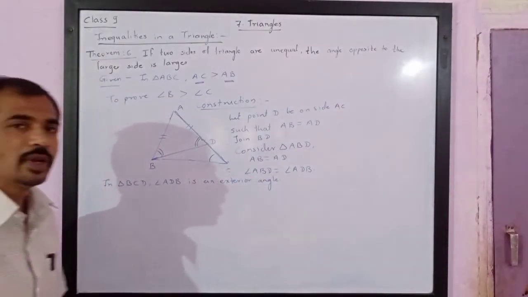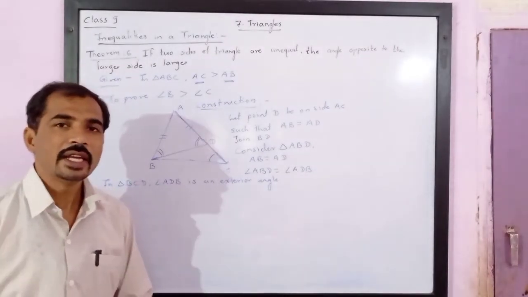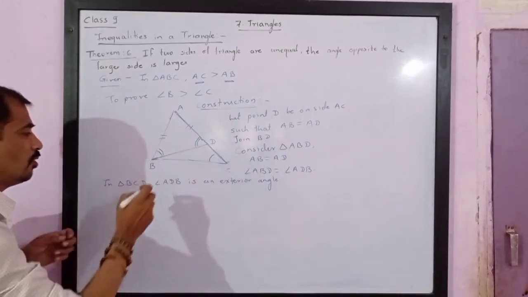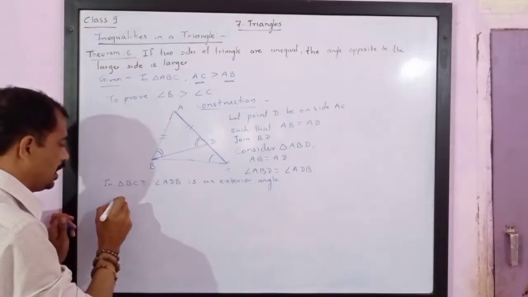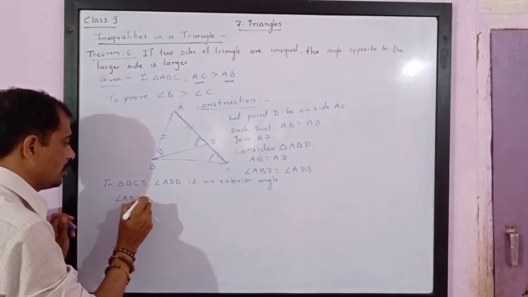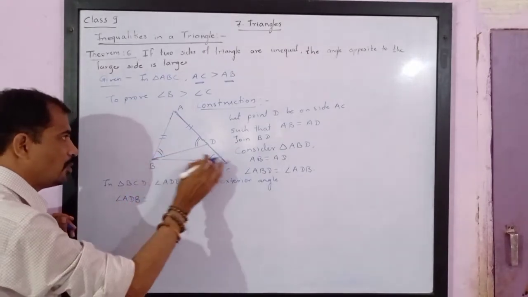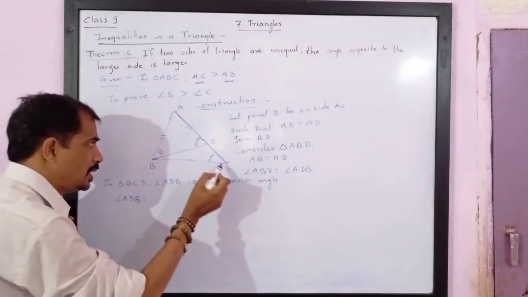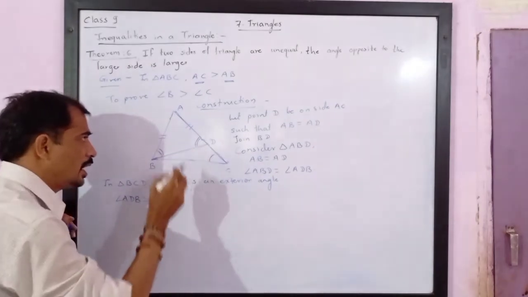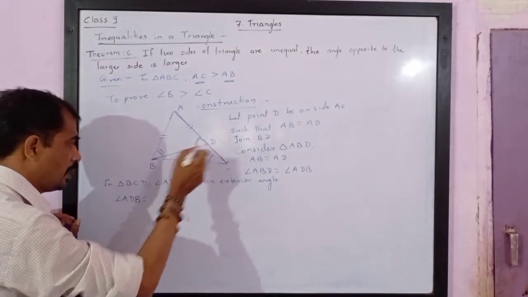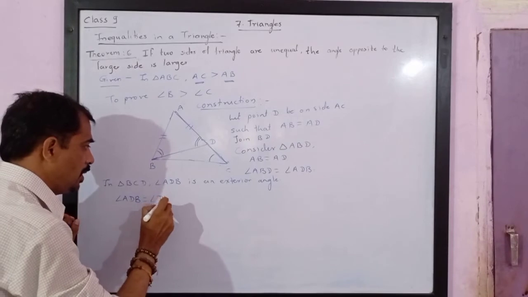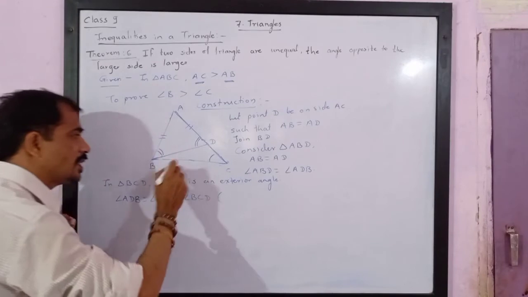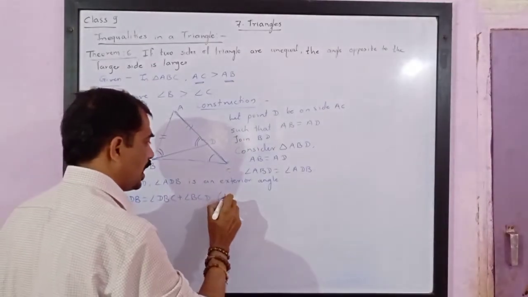Exterior angle is always equal to the sum of remote interior angles, and exterior angle is always greater than each remote interior angle. So here we get angle ADB is equal to the sum of remote interior angles, that is, angle ADB is equal to angle DBC plus angle BCD. The reason is exterior angle is equal to the sum of remote interior angles.